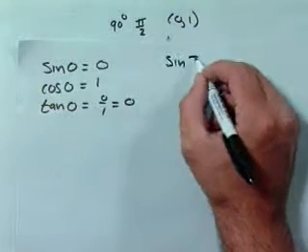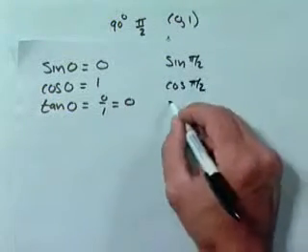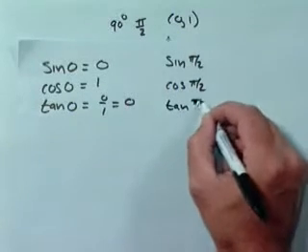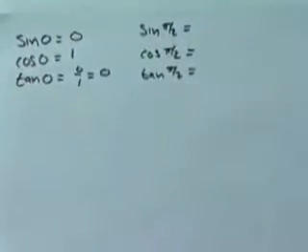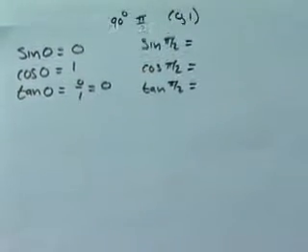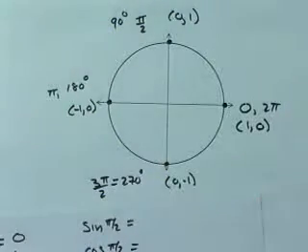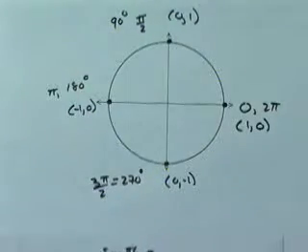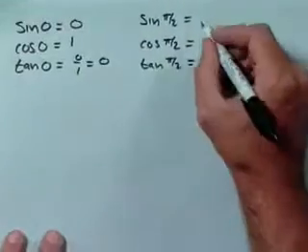Okay. Let's go up to pi halves. So let's find the sine of pi halves, cosine pi halves, tangent pi halves. You'll get the hang of this in a moment. All right. So now, here's an angle of pi halves. Here's the corresponding point on the unit circle. So the sine of pi halves, that's the y-coordinate, 1.